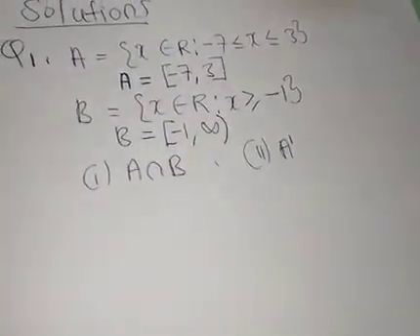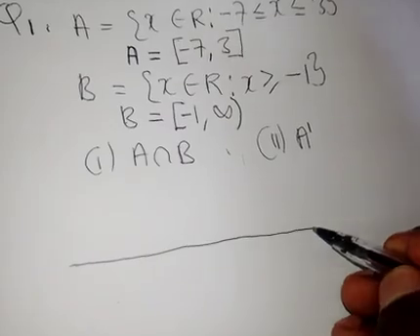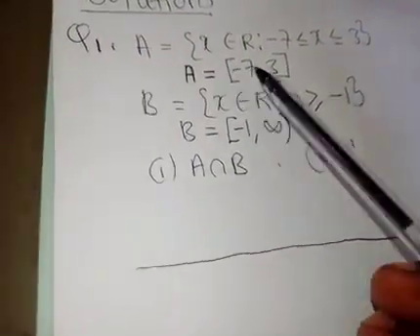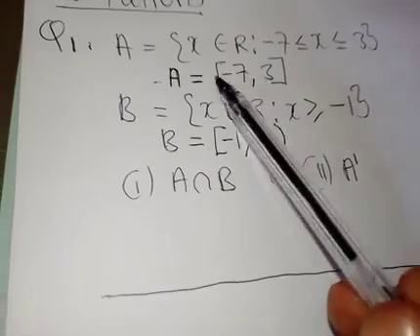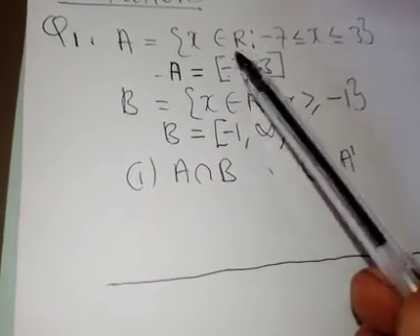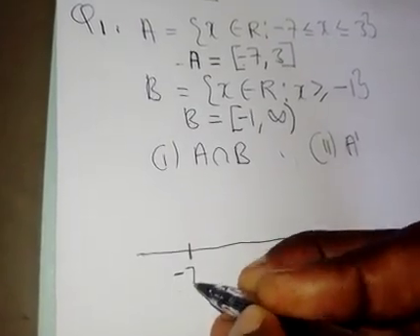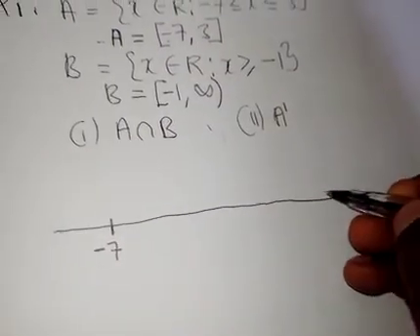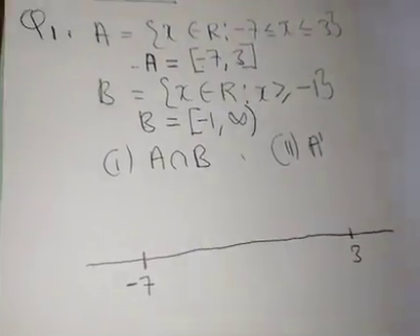To find A intersect B, you draw your number line first. Then you show the elements which you have. For A we have negative 7, 3. So negative 7 can be somewhere this side, then that 3 can be somewhere this side, to the positives.